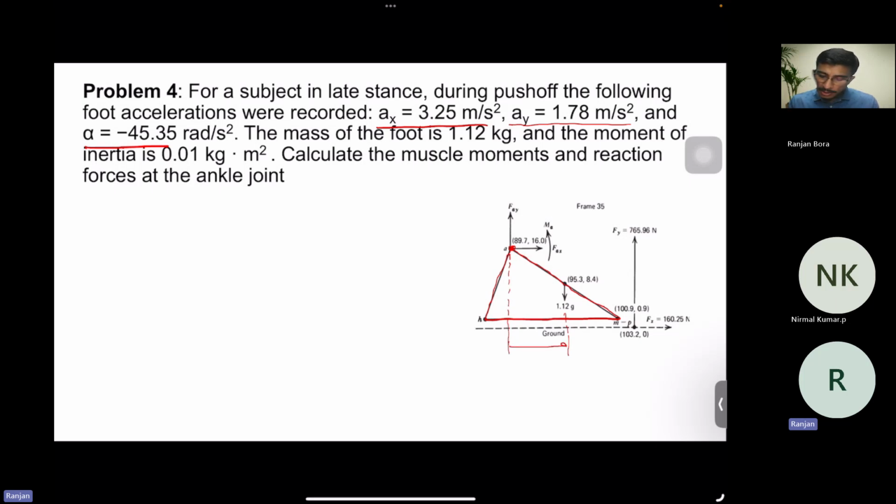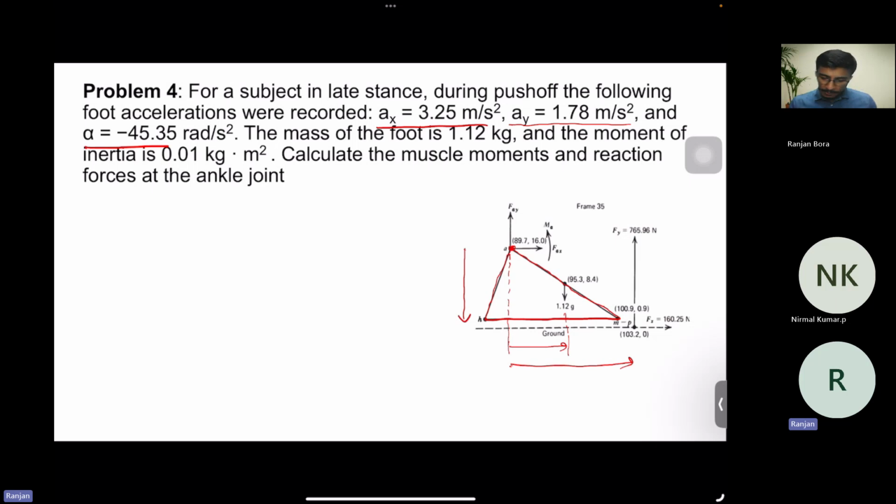This distance we'll need, and this distance also, and this vertical distance also, for calculating the moment. So first we'll calculate these distances, because here the distances are not given directly and the coordinates are given.